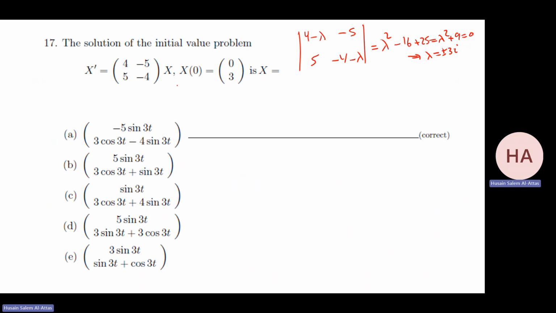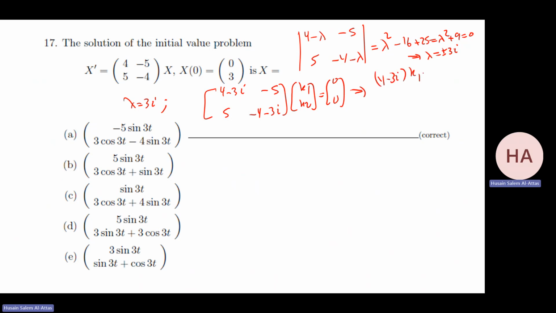So solve for the eigenvector. I have what? 4 minus 3i. I'm using lambda equal 3i, the positive one. Minus 5, 5, minus 4 minus 3i, times k1, k2. Yeah, for sure these two equations are the same. You can check it.